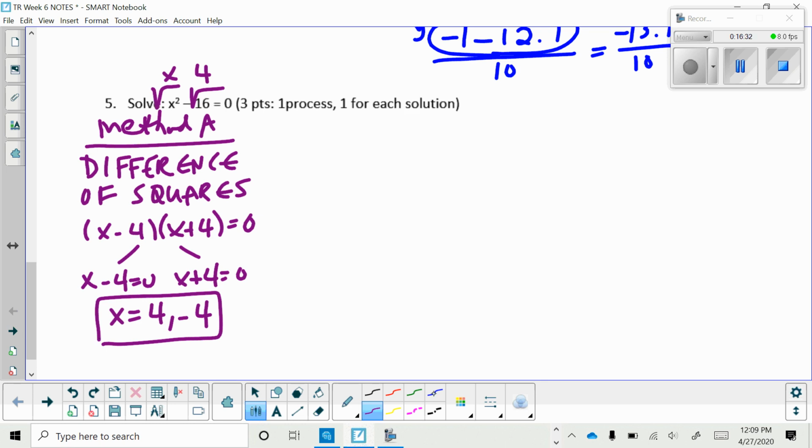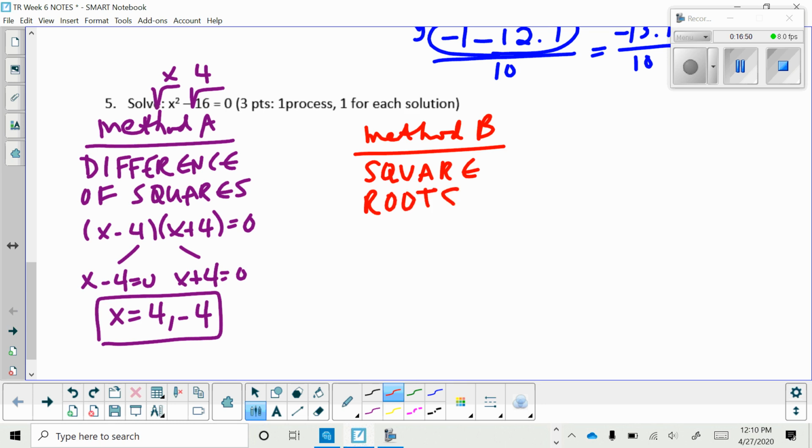Another way, method B, is to do square roots on both sides. Just use square roots. It's technically called square root property. We're just going to shorthand it like this and call it square roots. So the way that looks is you go back to the original problem. And you're going to isolate the squared term, meaning get it by itself. That looks like this.